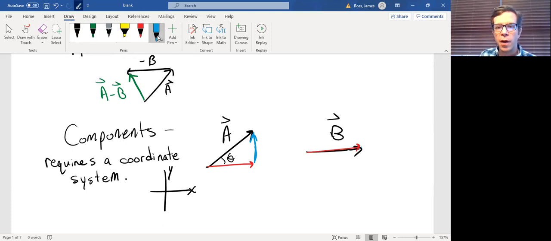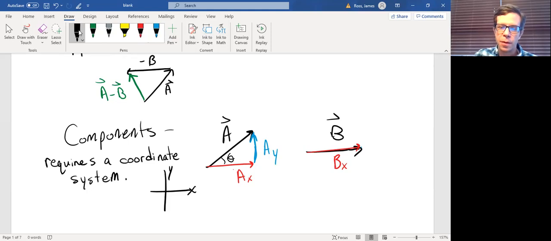So now I've got some X component of A, and some, or I wrote X instead of Y, some Y component of A and some X component of A and some X component of B, and there's no Y component because it just happens to be horizontal.